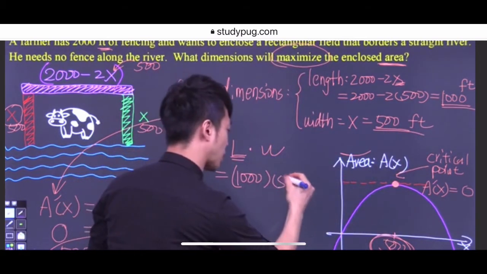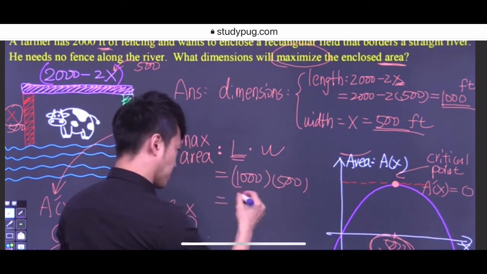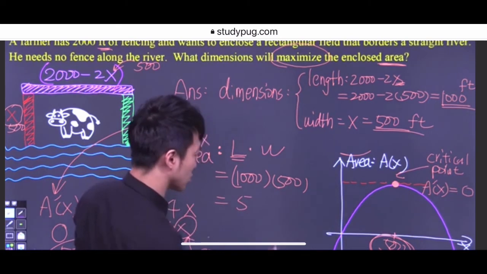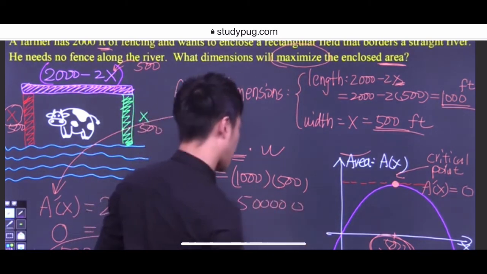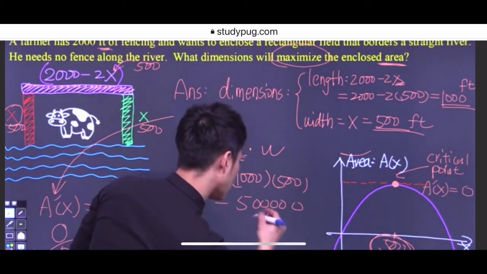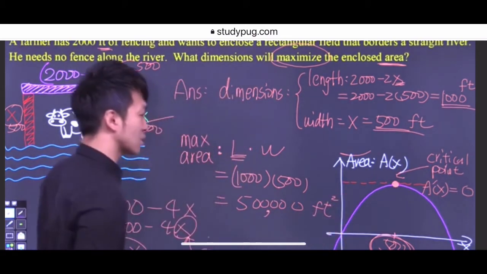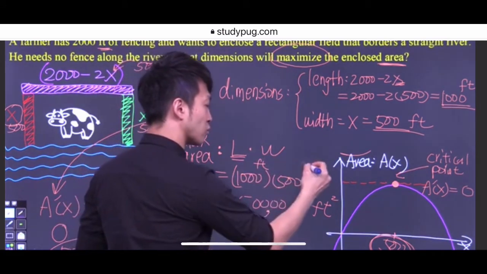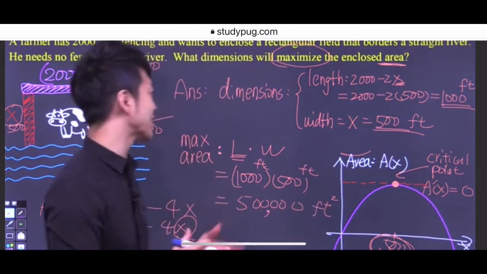So 1000 times 500, we get 5 with how many zeros? 1, 2, 3, 4, 5 zeros. So the maximum area is equal to 500,000 feet squared, because 1000 feet times 500 feet, feet times feet, gives feet squared. And that's our answer.